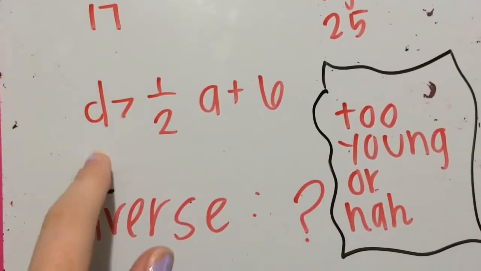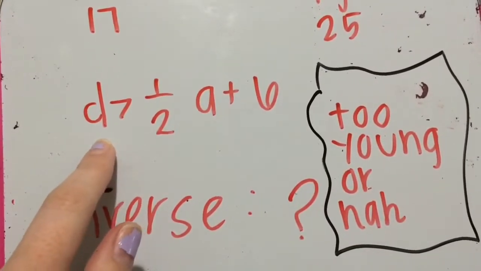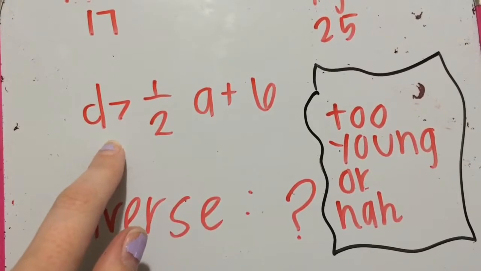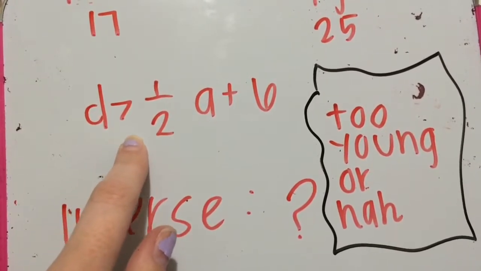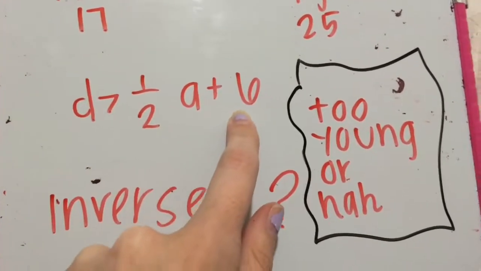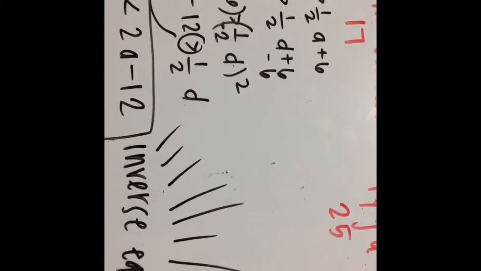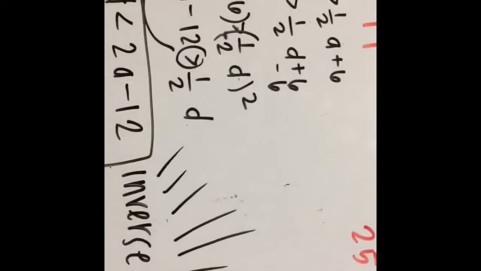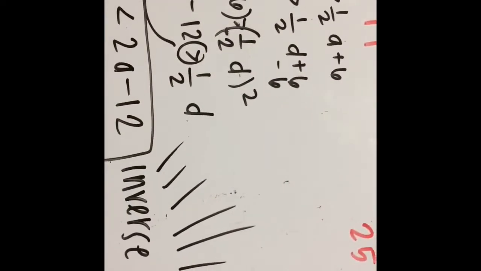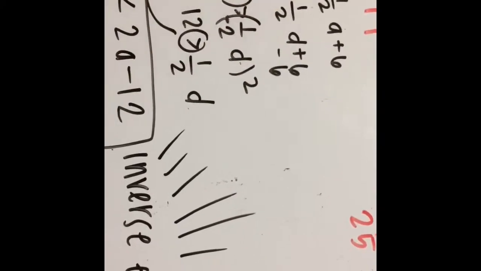Let's see. So here would be our equation. D, the date, is greater than half the age plus 6. So we need to find out the inverse. Okay, so to find the inverse, you need to switch the A and the D, so I've done that here, and then subtract 6 from both sides.